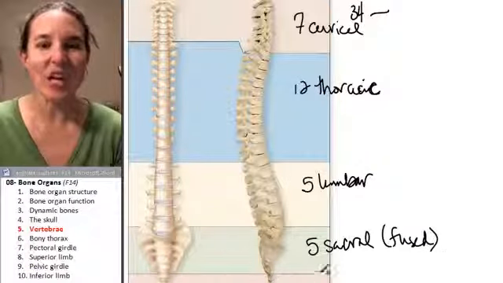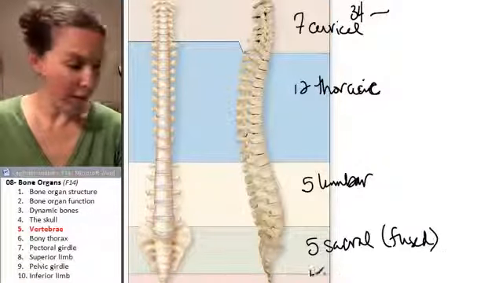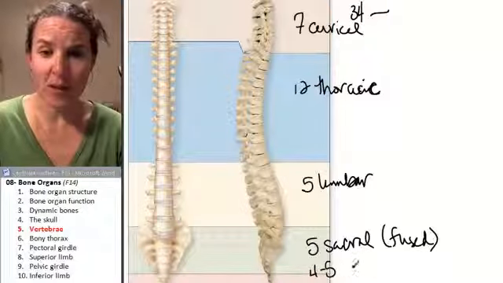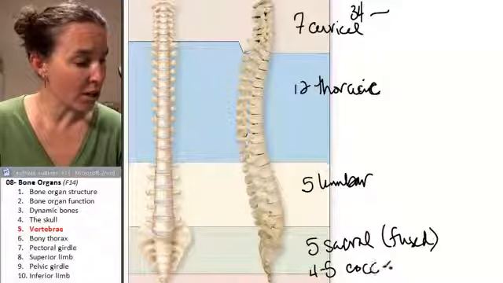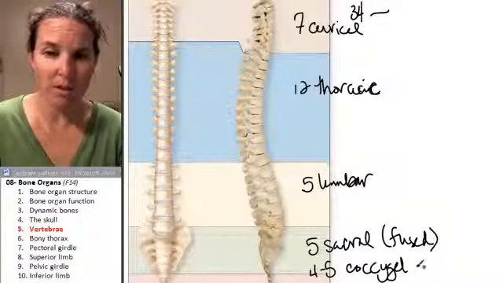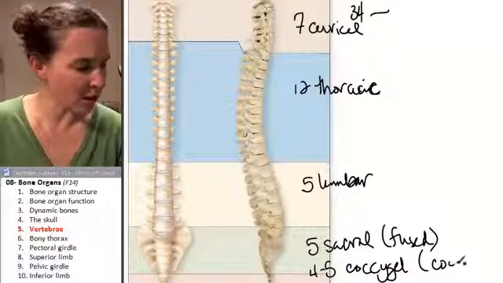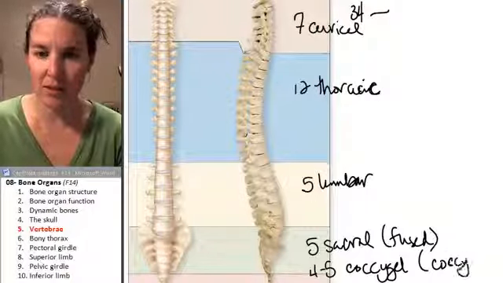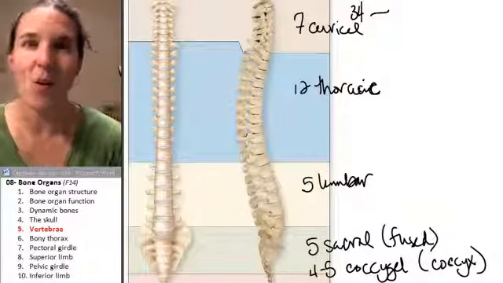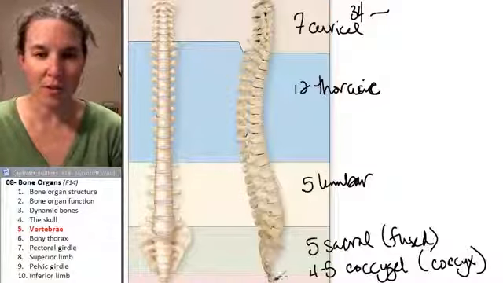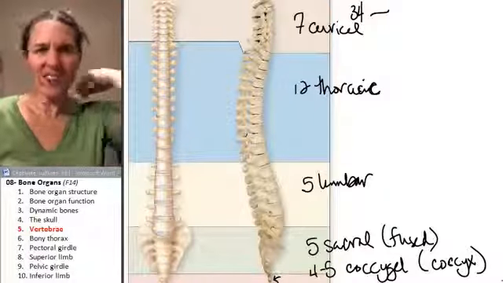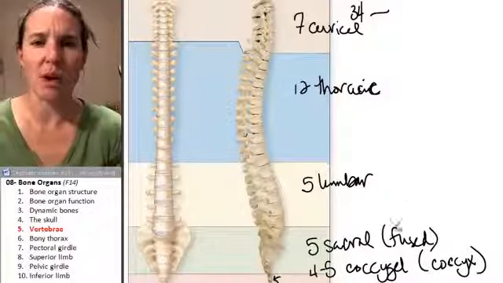And then you're going to see 4 to 5, right? Yes. Coccygeal vertebra. And they're also known as the coccyx. Coccyx, or the tailbone. And those are those little twangers down there. And they're kind of fused together into the coccyx.